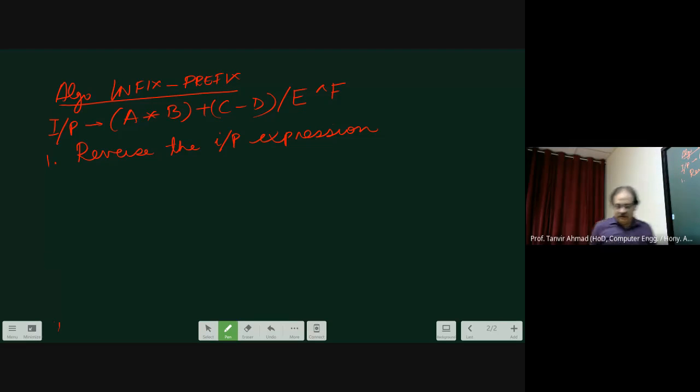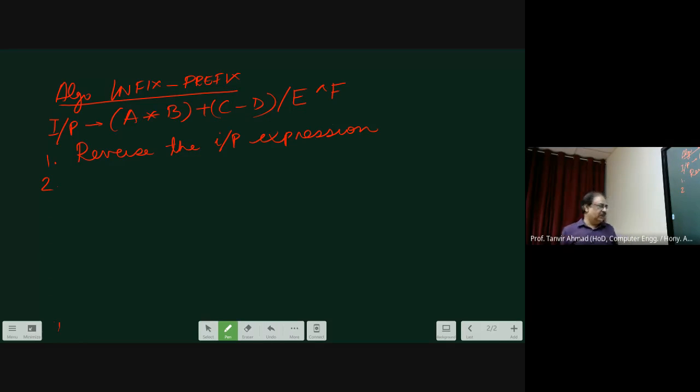After that, you start with the scanning. Again, you will find only four things: either an operand, an operator, a left bracket, or a right bracket.